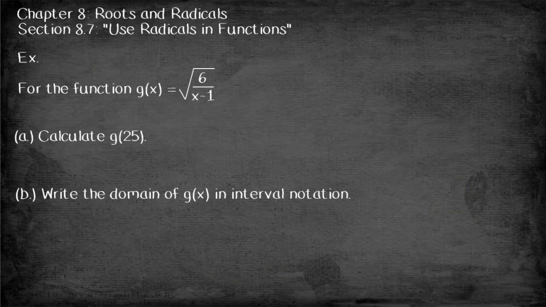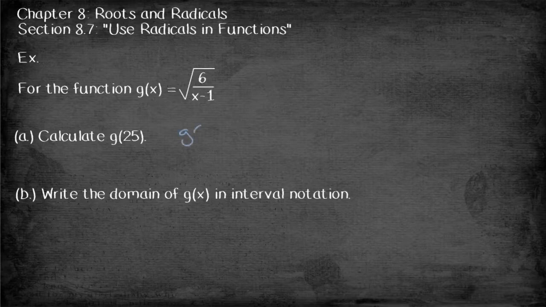All right, now for the function g of x equal to the square root of 6 over x minus 1, let's just take a crack at evaluating this function at a given point. So we're going to evaluate g at 25.